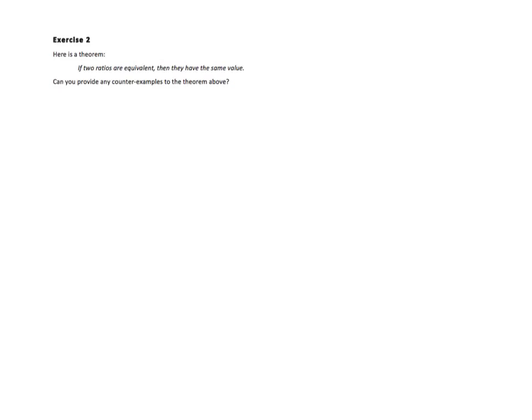Okay, let's look at exercise 2. Here's a theorem: if 2 ratios are equivalent, then they have the same value. Can you provide any counterexamples to the theorem above, or find any examples that show that the theorem is not true? Why don't you take a minute or two and see if you can find 2 equivalent ratios that don't have the same value.